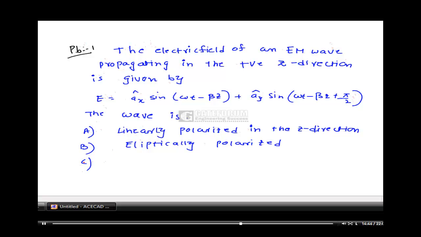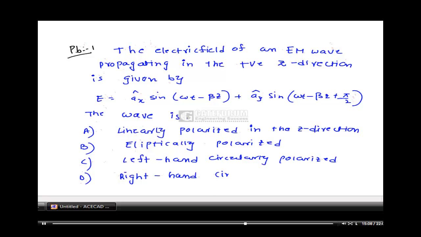Option C, left hand circularly polarized. Option D, right hand circularly polarized.